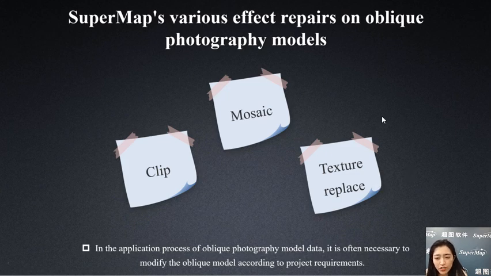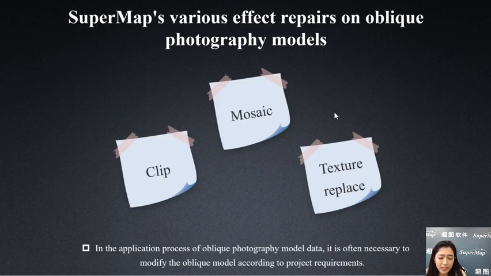As a new technology in recent years, oblique photography technology has some flaws in its data, such as model holes, poor modeling of small-scale features, and mismatch with the terrain. So before the technology improves, in order to achieve a good application effect, some repair functions need to be done at this time.